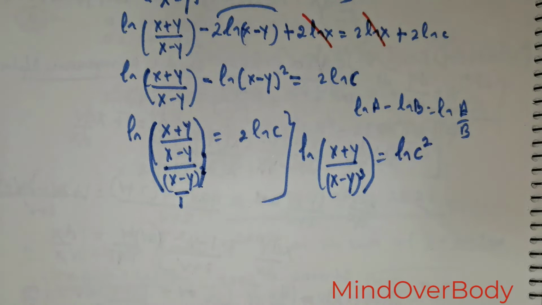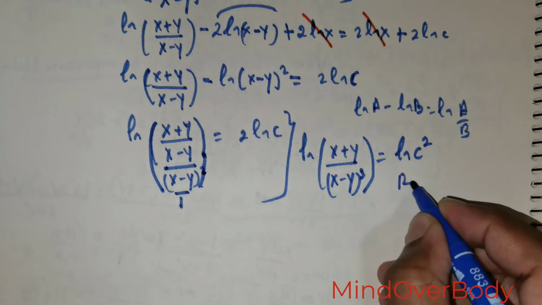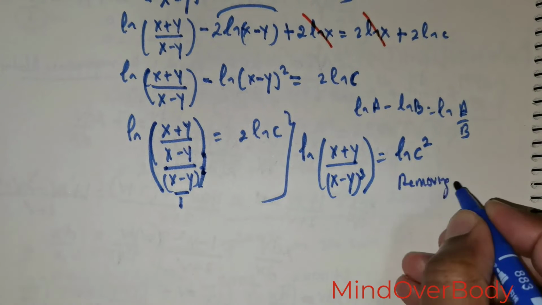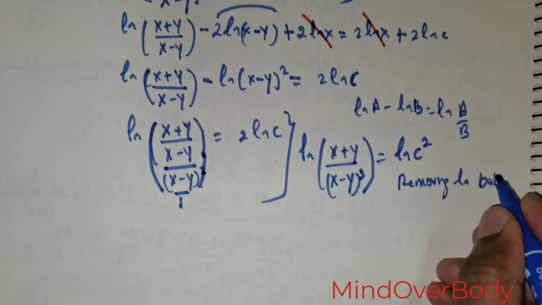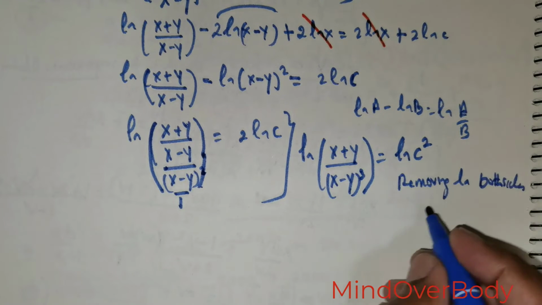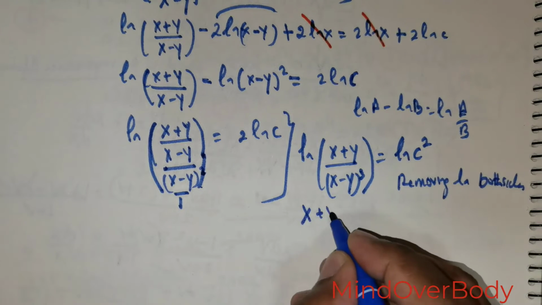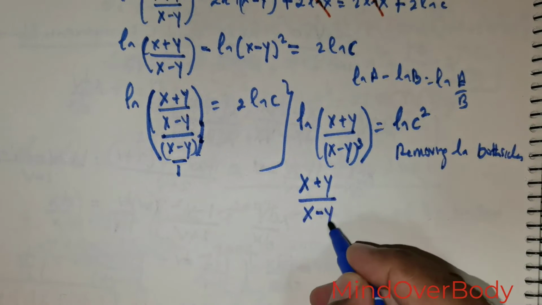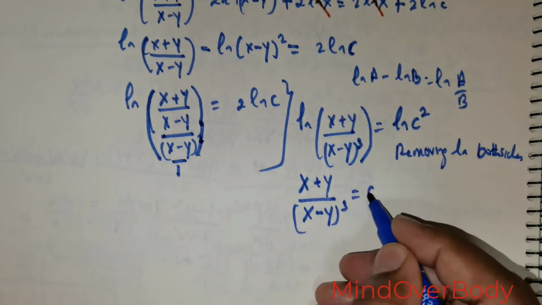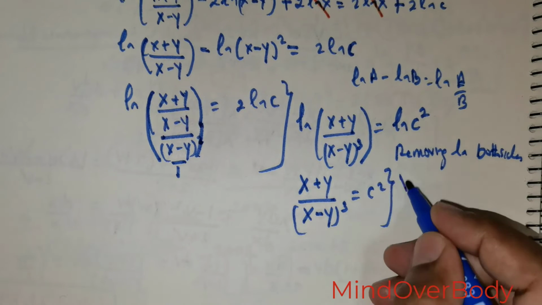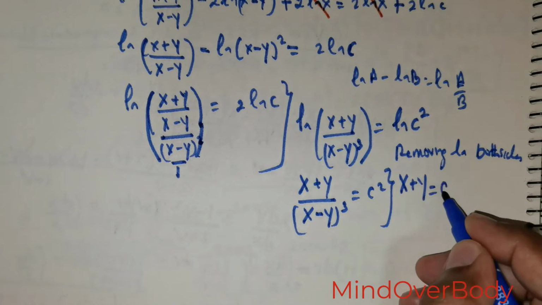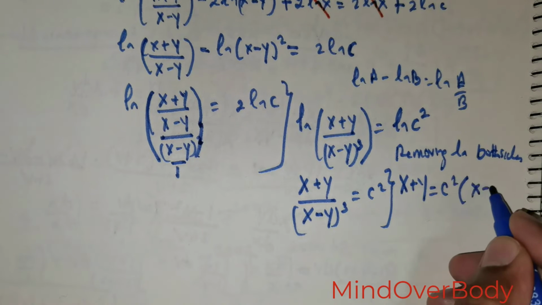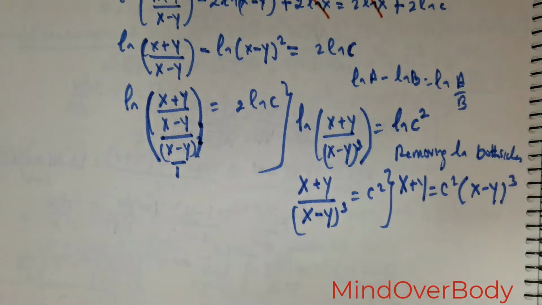Now we got ln on the left, ln on the right, so removing ln on both sides, you get x positive y divided by x negative y raised to the power of 3 is equal to c squared. Now from here you get x positive y is equal to c squared times x negative y raised to the power of 3.